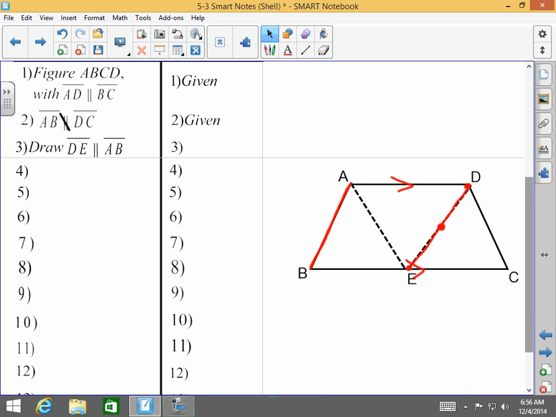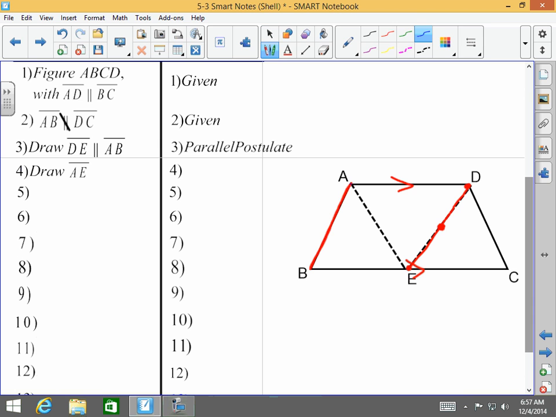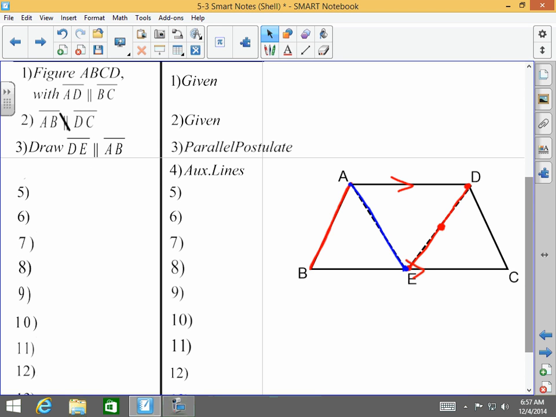So I can draw DE being parallel to AB because of the parallel postulate. You can also now draw AE. And if I draw AE, I draw that because of auxiliary lines.